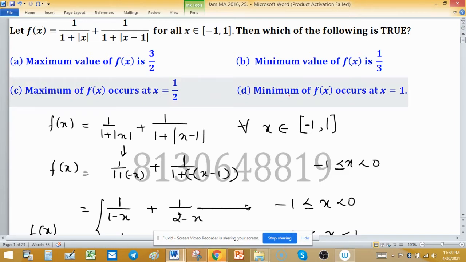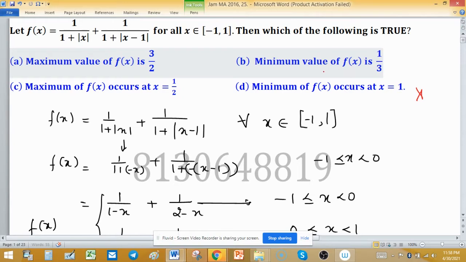And option D is saying the minimum value of f(x) occurs at x equal to 1. So this is a false statement. If the function has its minimum value at -1, then the value of the function at -1 will be 1 upon 1 minus of -1 plus 1 upon 2 plus 1, which is 1 upon 2 plus 1 upon 3.